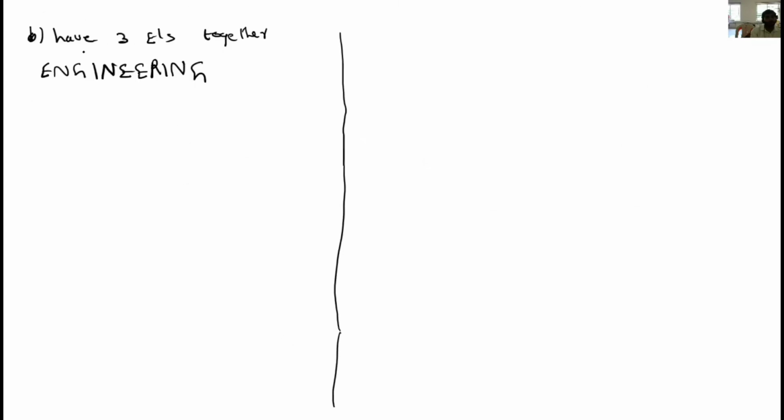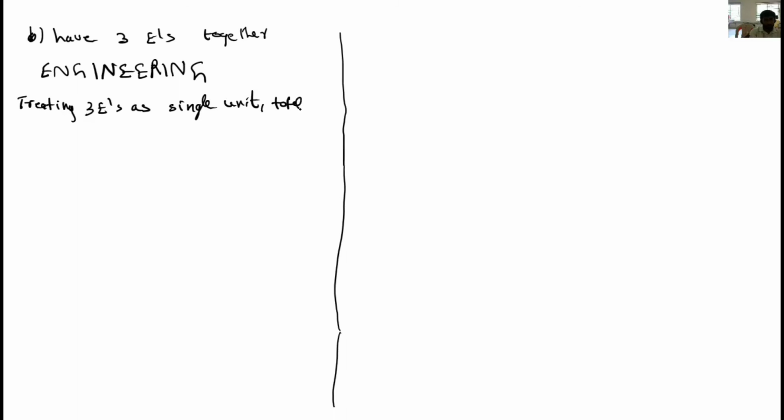Okay, next is have 3 E's together. That means you need to make arrangements such that in that arrangement 3 E's are always together. Okay, it's the same as vowels together or 2 particular persons together, right? What's the first step? Treating 3 E's as a single unit.